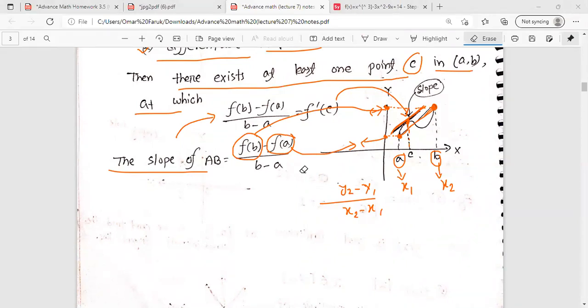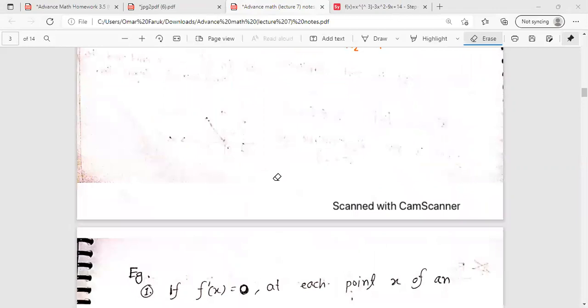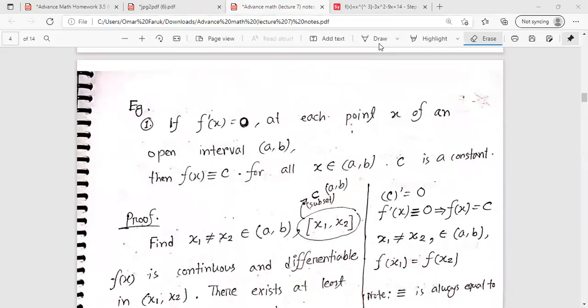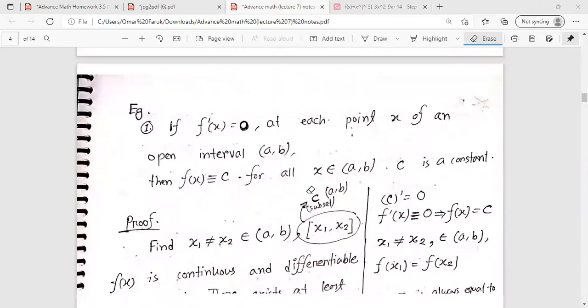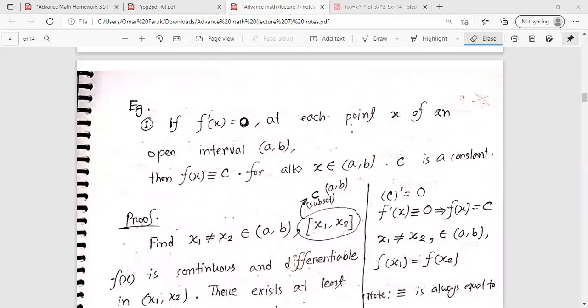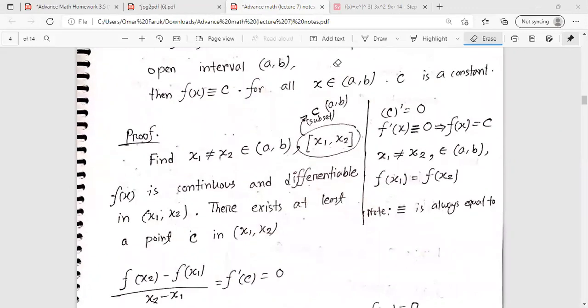Yes, yes. Okay. Any example for this rule? Maybe we have some example. Let me find some example. Okay, it would be better for understanding.